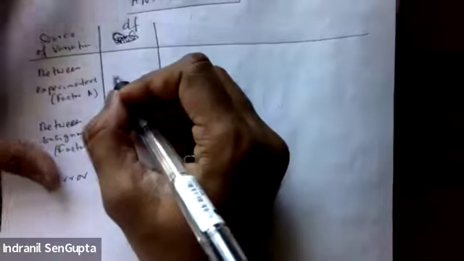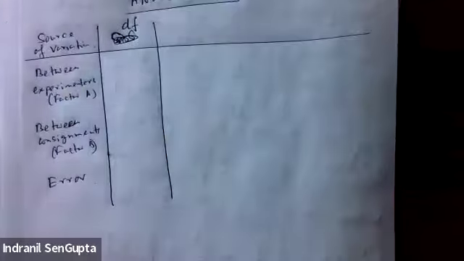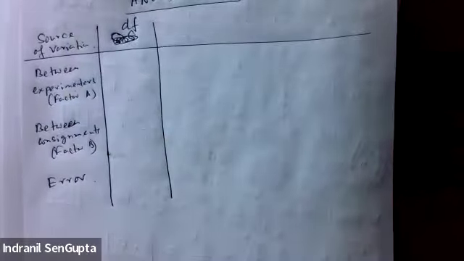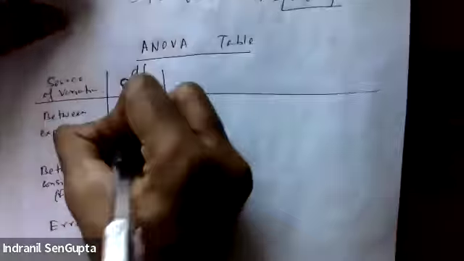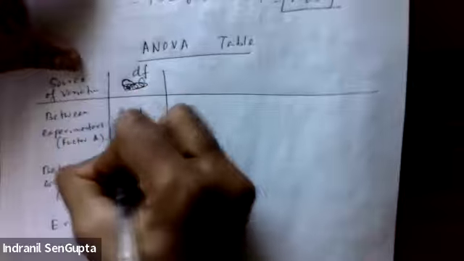What is the degrees of freedom here? We have listed it here. It's A minus 1, right? And A is 3, so it's 3 minus 1, which is 2. That's the degrees of freedom.